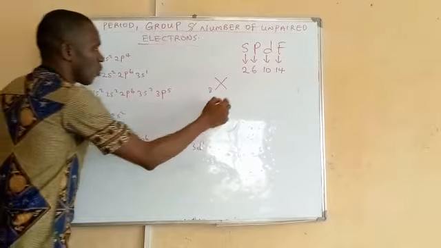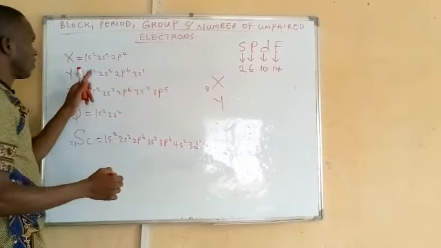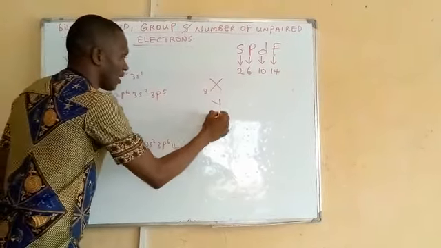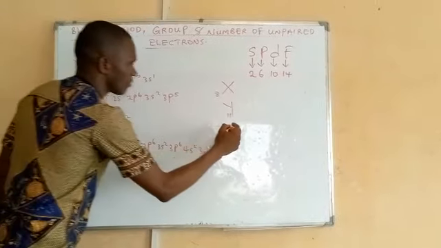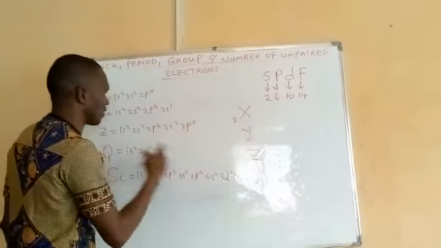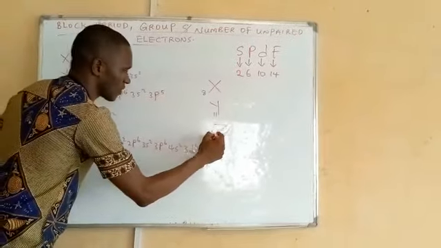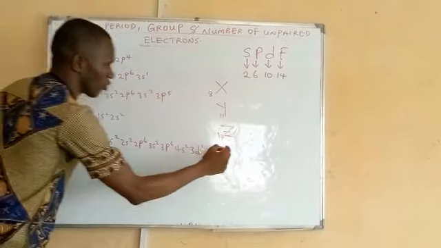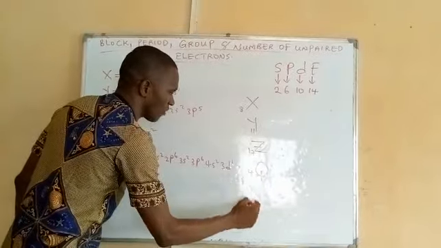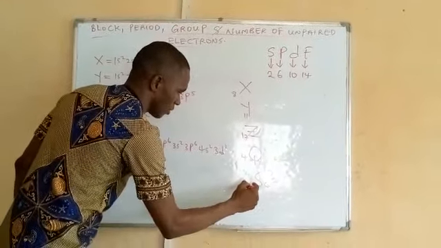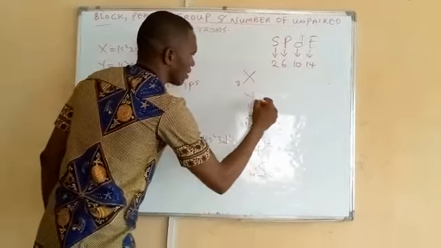For Y, you are going to have 11. For Z, if you add it up, 2 plus 2 is 4, 10, 12, 17. For your Q, you are going to have 4. Then scandium, you have 21.